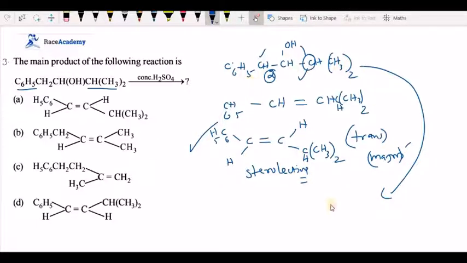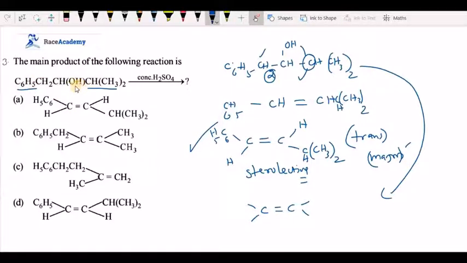In addition to that, we have one more, that is nothing but the Saytzeff rule. In the Saytzeff rule, the highly substituted alkene is the most important major product.